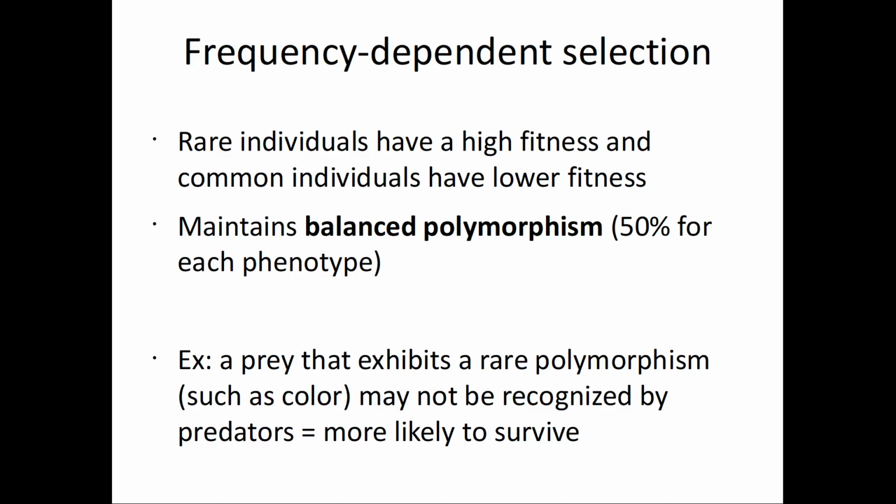Another example of this in Richmond County, a local example, is that we have a population of white squirrels. These white squirrels are not albino. They appear to be a mutation of gray squirrel.